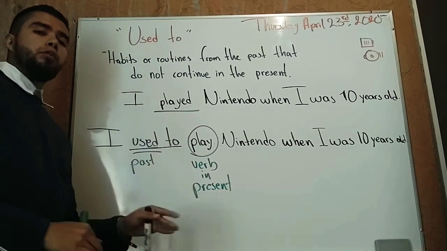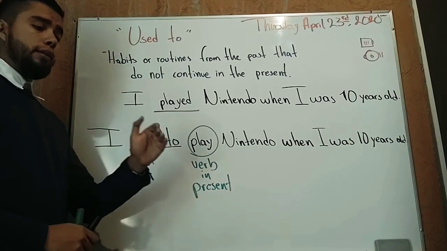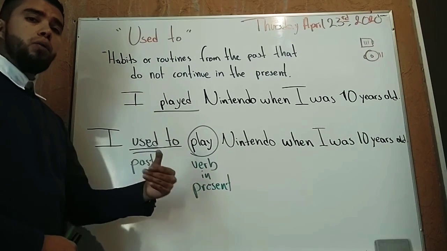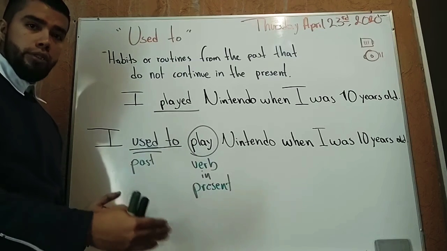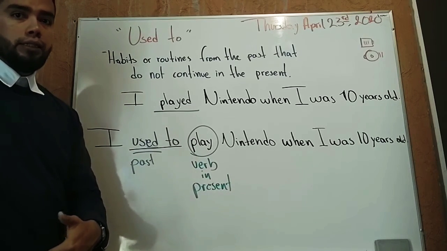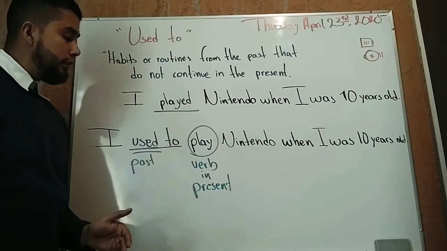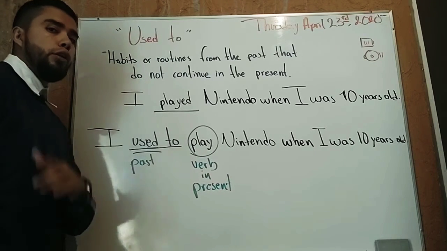So every time you want to make reference to an action that in the past was normal, was a habit, a routine, but in the present it's no longer practiced, you can use used to.